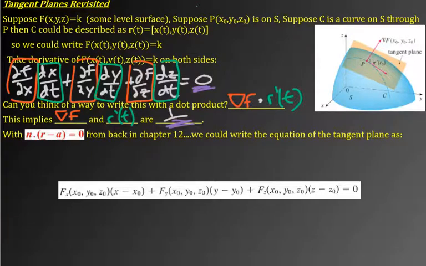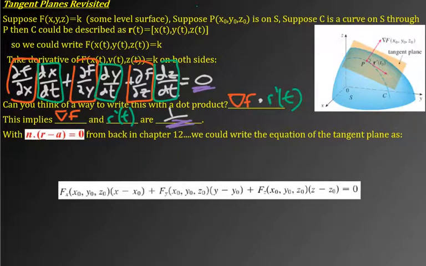So if we think way back, we had this kind of structure of the equation of a line or plane that extends to any dimension. From that, the normal is the gradient. And then we can put the gradient in here and get this as the tangent plane. So it's just another way to interpret how to write the equation of a tangent plane.